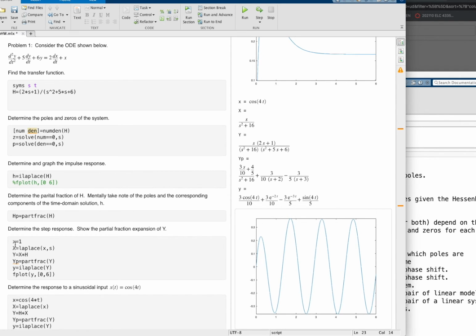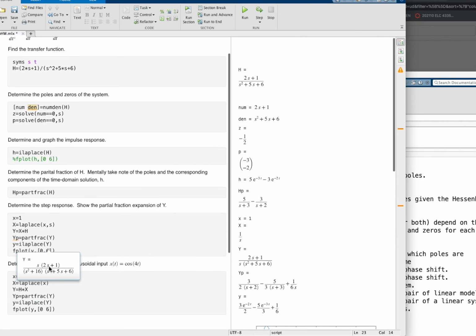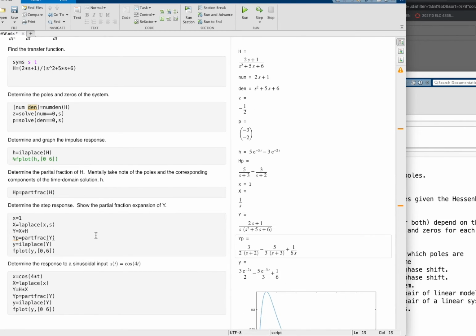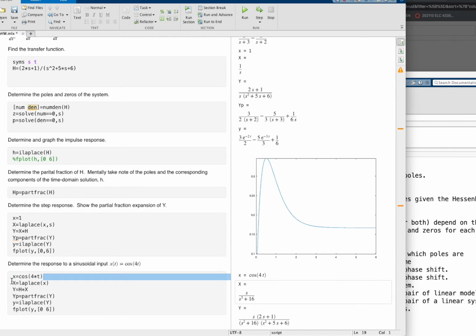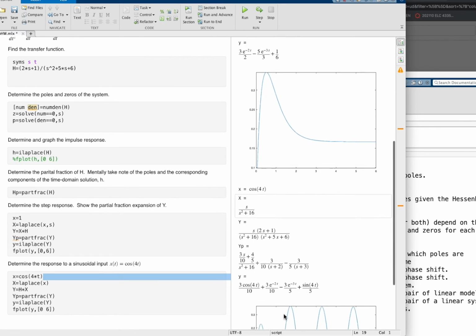Okay, so looking at the different components here, we had the input x. Here's the Laplace transform of x. This gives us a new output response where we take the input, s over s squared plus 16, times y of that times h of s, okay?